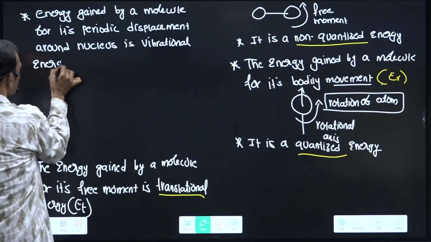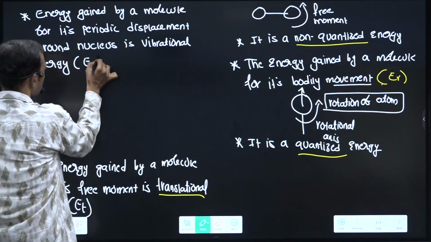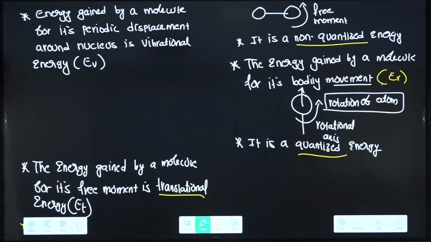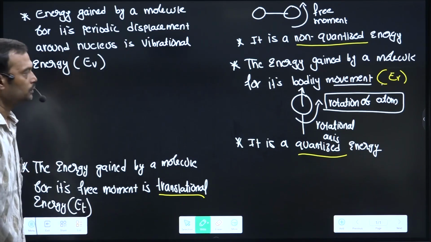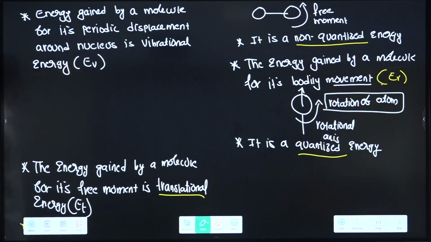It is represented by EV. Vibrational energy means vibrating about the center of a nuclei. One is compression, the other is elongation. Energy gained by a molecule for its periodic displacement around the nucleus is vibrational energy.